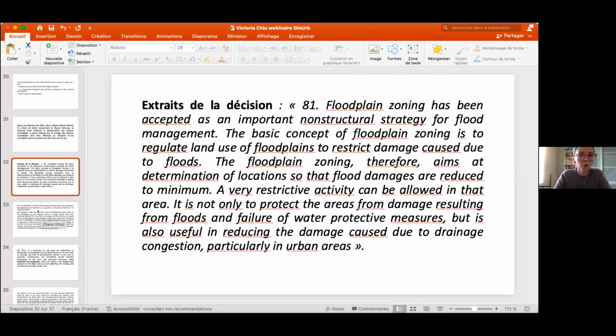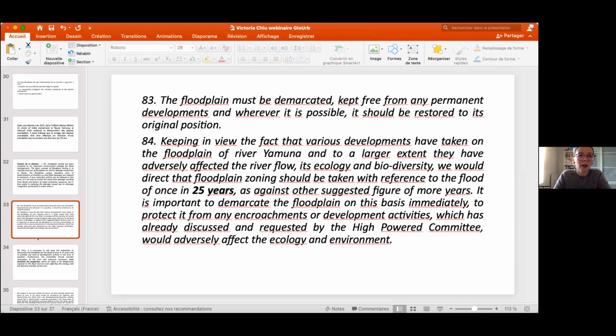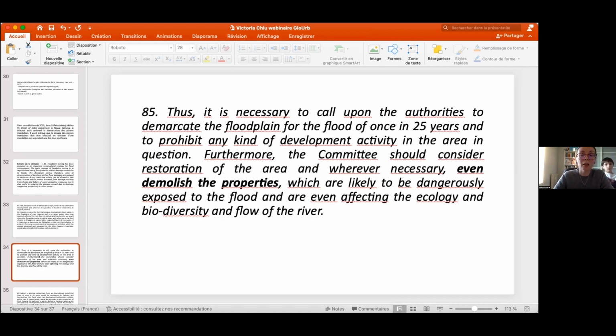You can read through that. So the court talks about the obligations, the very strong obligations. The Green Tribunal notes that these decisions are not often applied or put into practice.